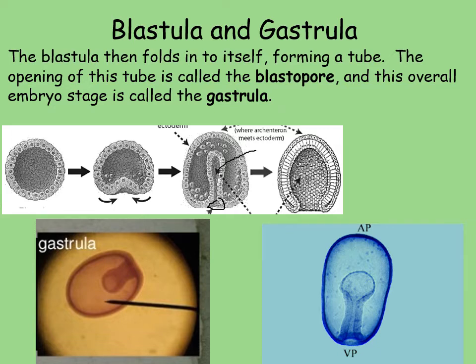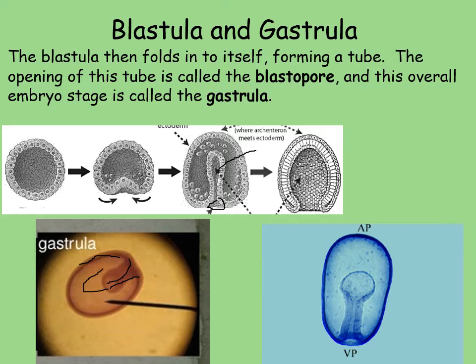This space here, this tube, is an early gut. That's referred to as the archenteron. And here you can see some nice examples of gastrulas. These are from echinoderms. So you have this outer layer of cells. And remember, it was kind of an empty, hollow space on the inside. And then we had this in-pocketing.